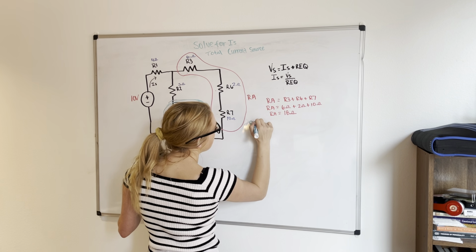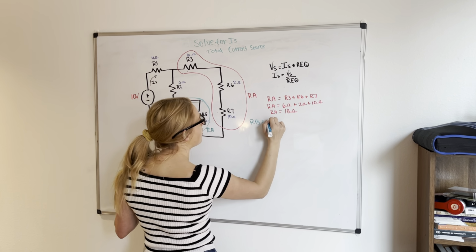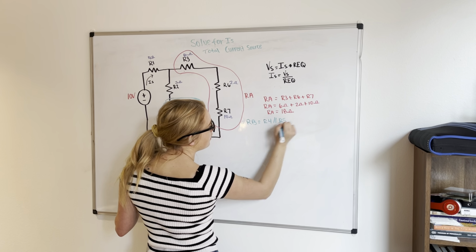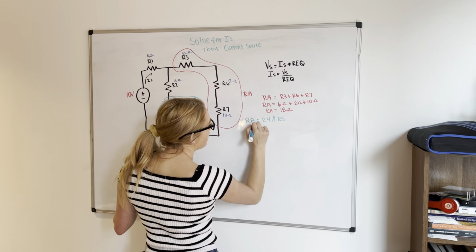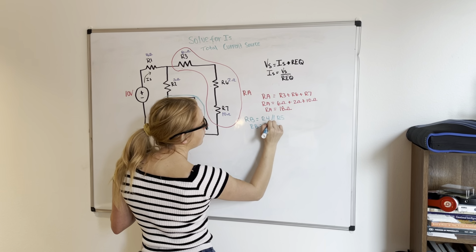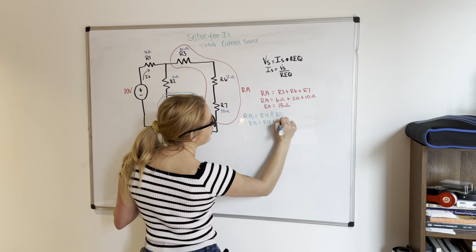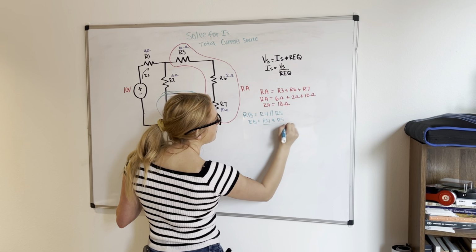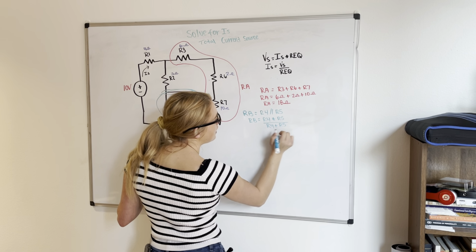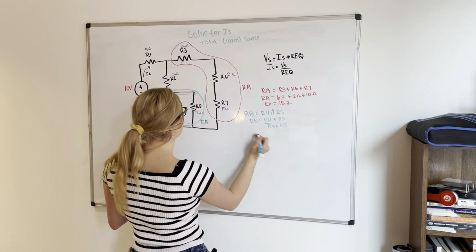So RB is going to equal R4 parallel with R5, and that equation is going to equal R4 multiplied by R5 divided by R4 plus R5 for only two parallel resistors.